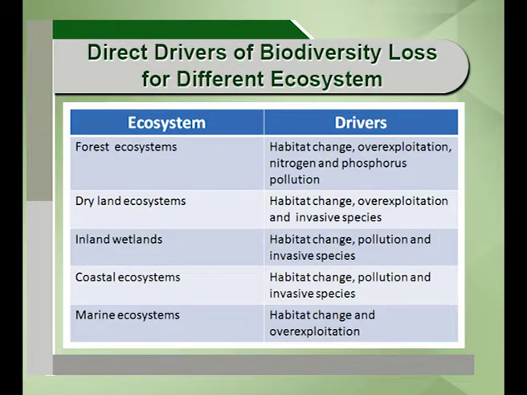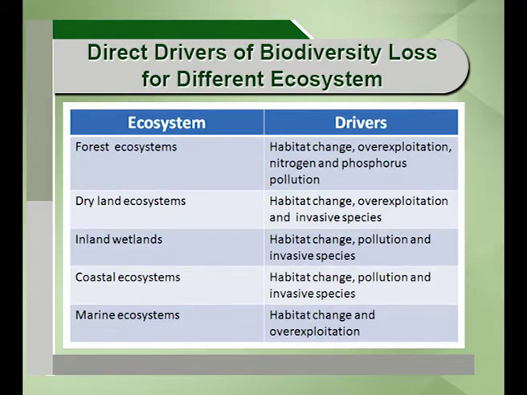In this slide, we will discuss direct drivers of biodiversity loss for different ecosystems. For example, in the forest ecosystem, the major direct driver of biodiversity loss is habitat change coupled with overexploitation, nitrogen and phosphorus pollution. For dryland ecosystems, the major driver is habitat change along with overexploitation, pollution and invasive species.